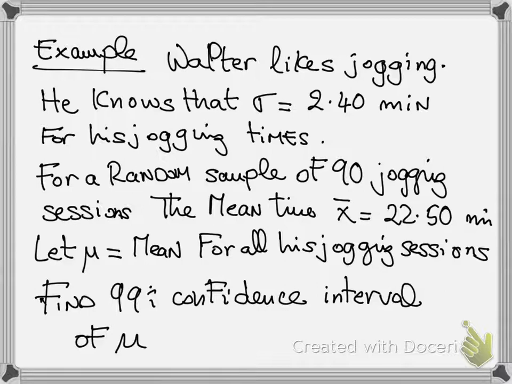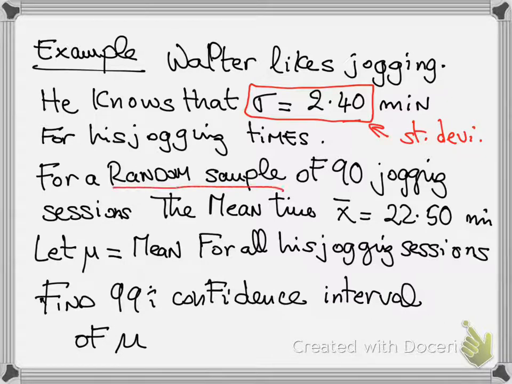So let's see this problem. First, we know the standard deviation sigma, and it is equal to 2.40. We have a random sample of 90 jogging sessions, so 90 is the size of the sample, n.